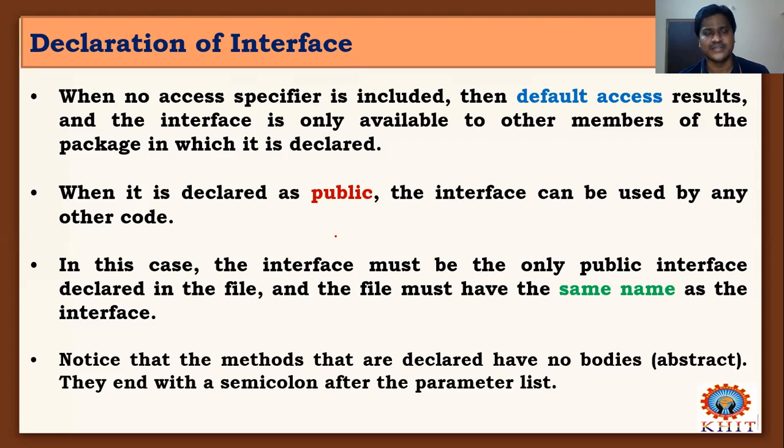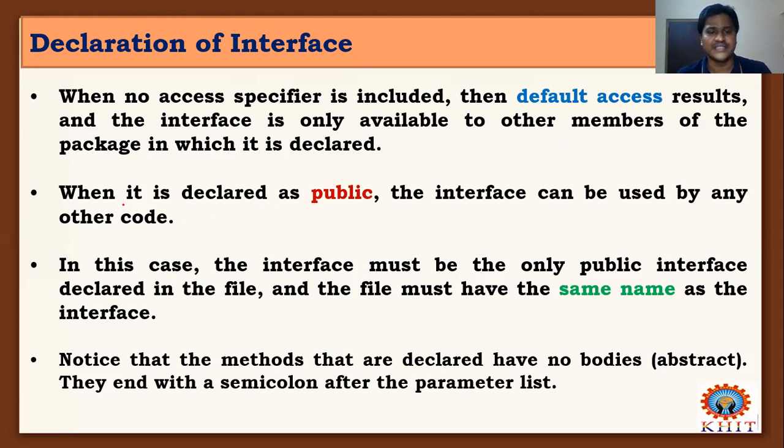A package could consist of the classes or interfaces defined as a collection of files in that package. If an interface is only available to other members of the package, it means that when an interface is defined in a package, it can be accessed by the other members, the other interfaces and classes defined in the same package. We will see this point clearly with respect to interfaces in the packages chapter again.